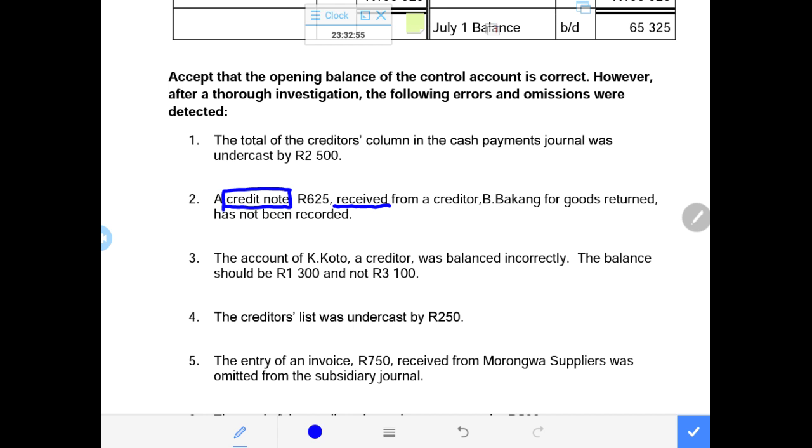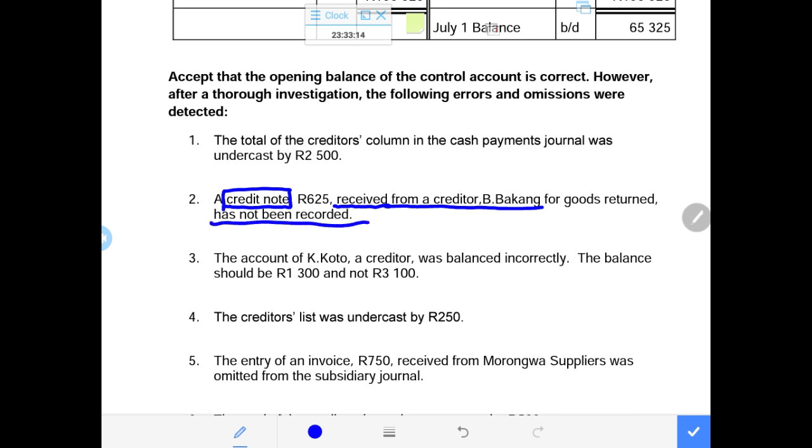Why? Because we are dealing with the suppliers who are called creditors and the individual suppliers who are in the list of creditors. So this will be a return that we have received an invoice from our creditor B Bakeng for goods returned has not been recorded.